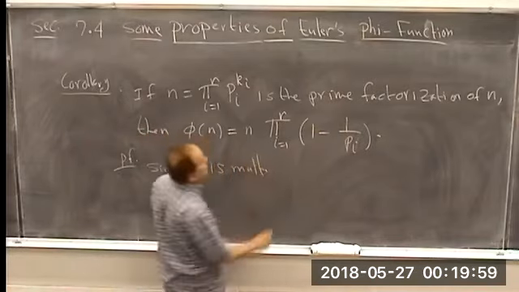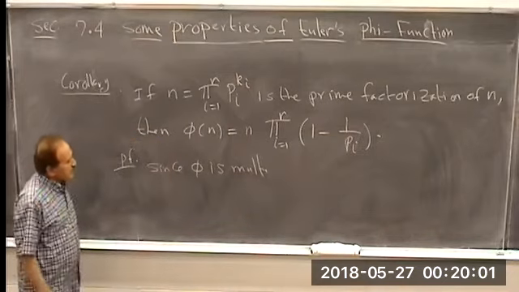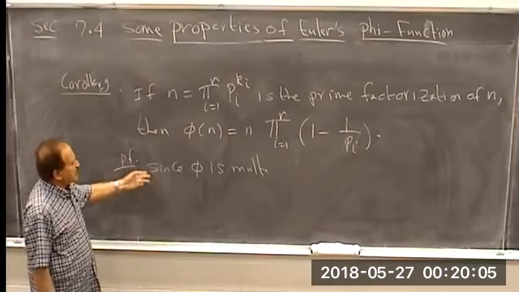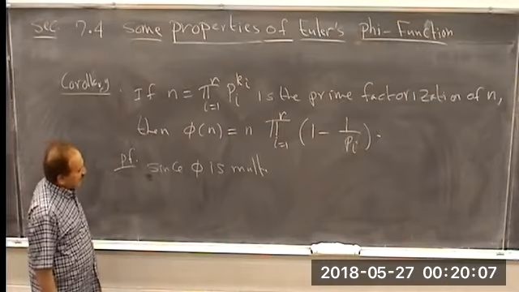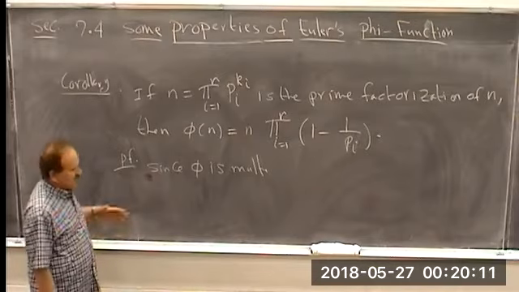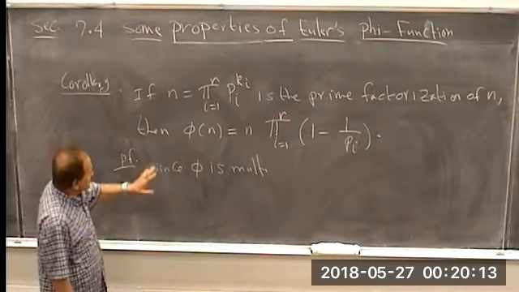So I want to do two proofs. One of them uses the fact that phi is multiplicative, and for the other one we're going to use the fact that mu, the Mobius function, is multiplicative, not phi. Okay, so here's the first proof.